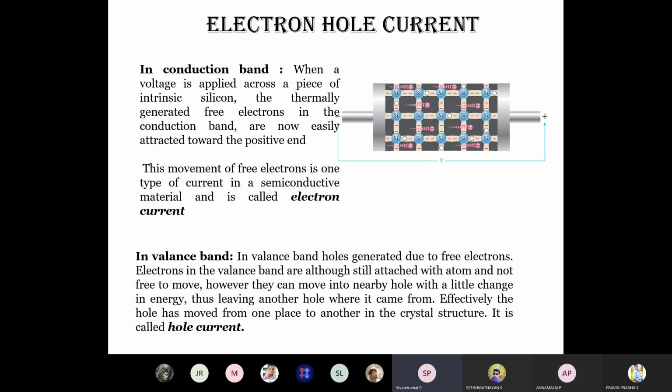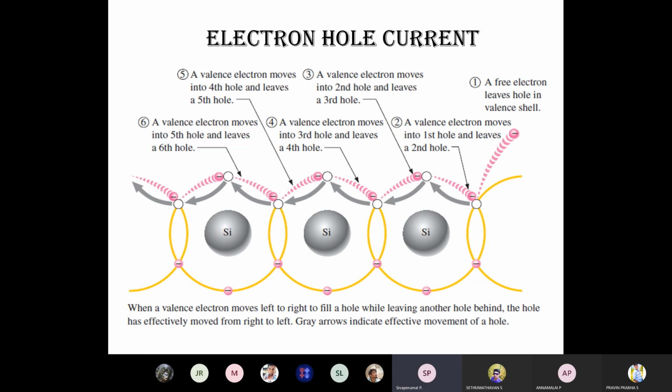This type is called an intrinsic semiconductor, intrinsic silicon. The thermally generated free electrons in the conduction band are now easily attracted towards the positive end. This movement of free electrons is one type of current in the semiconductor material, and is called the electron current.